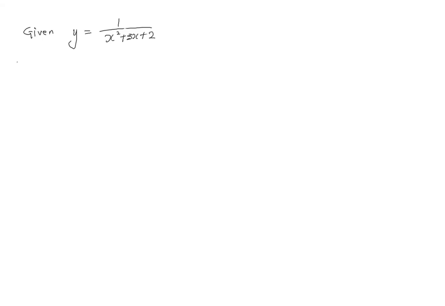Okay, part A. One over x squared plus 3x plus 2 is equal to A over x plus 2 plus B over x plus 1.